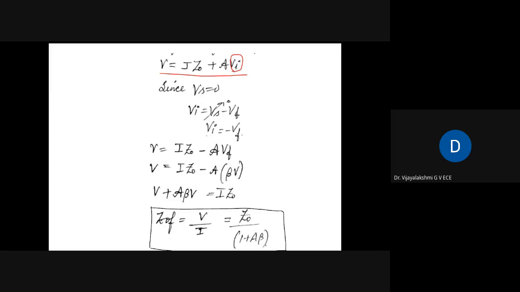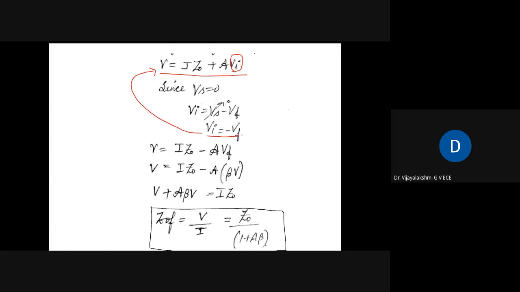Let us substitute this in the written KVL expression. So I get V is equal to I into Z0 minus A into minus Vf, so V is equal to I into Z0 plus A Vf.